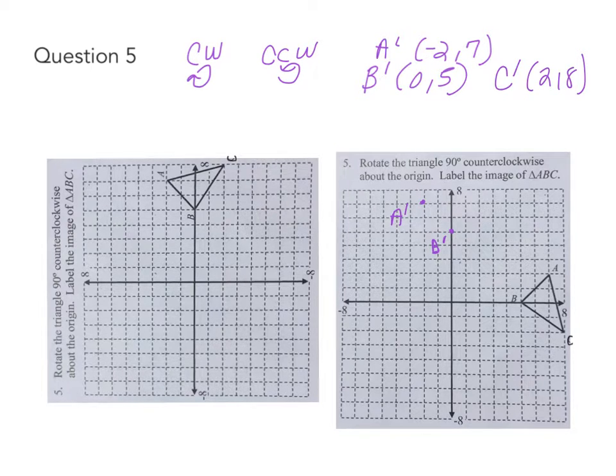And C prime at 2, 8. And then I do want to see that you connect those points, because it's not a rotation of a triangle unless you make a triangle. So I don't want to see just points A prime, B prime, C prime. I want to see the connection. I obviously didn't use a ruler just now, so it's okay if you don't use a ruler.